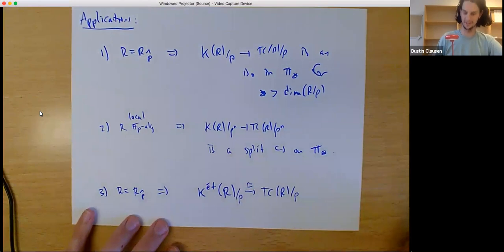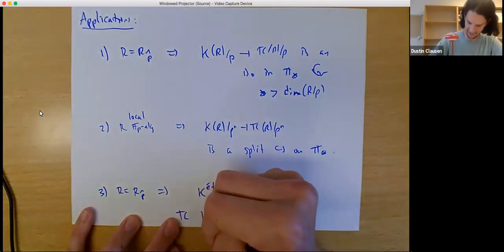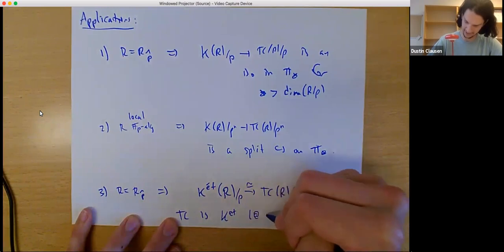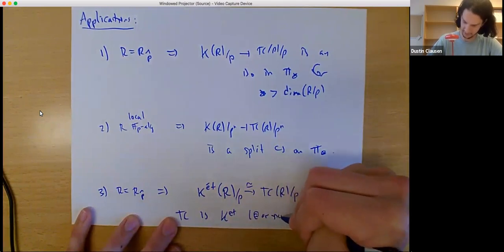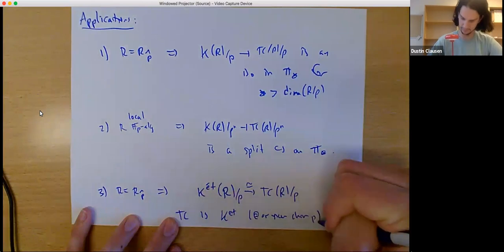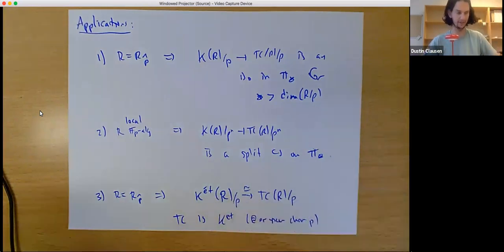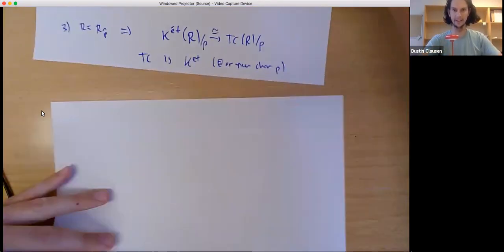In other words, TC is the étale K-theory, so sort of at or near characteristic P. And by étale K-theory, I simply mean the étale sheafification. So I think it's worth meditating on this result for a second.